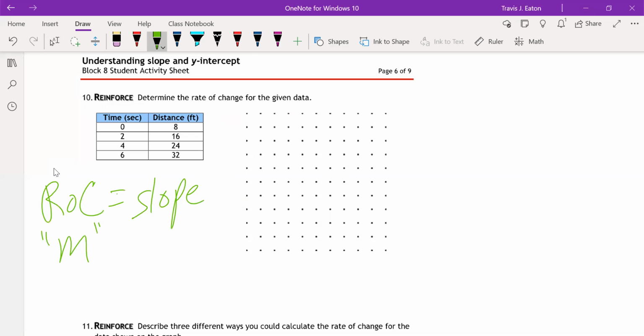So in order to determine the rate of change, remember, we are looking for the change in y over the change in x. And remember, the change in y means the difference, and you find the difference by subtracting. So make sure that you are finding the difference in y over the difference in x to find your rate of change or the slope of the line. And you could draw it out on the graph too.